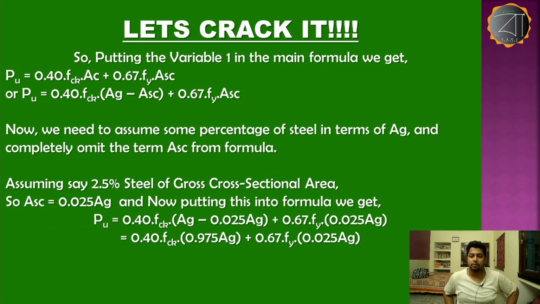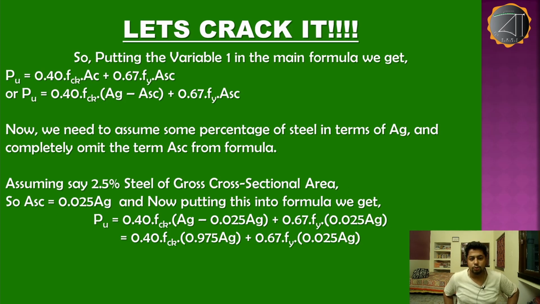So putting variable 1 in the main formula, we get PU equals 0.40 FCK multiplied by AC plus 0.67 FY ASC. Now the value of AC, which is the gross area of the column section minus the area of the steel, we are simply putting in terms of variable 1. So PU equals 0.40 FCK multiplied by AG minus ASC plus 0.67 FY ASC.